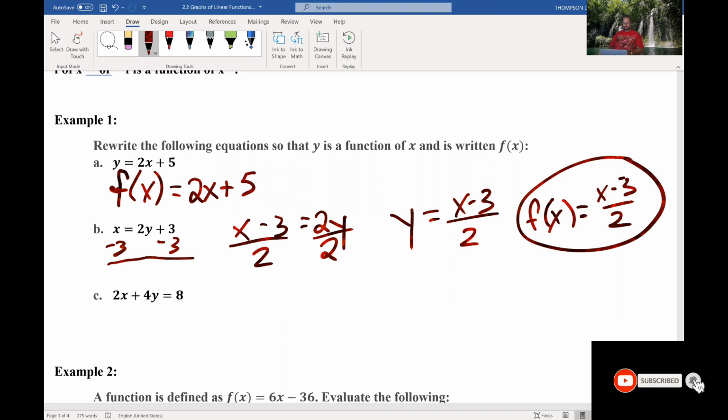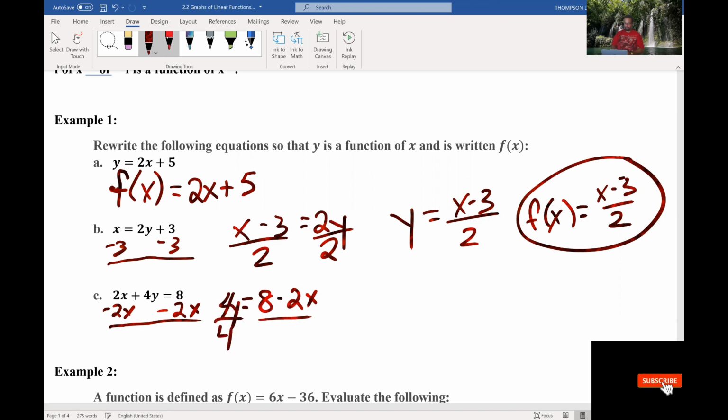C, 2x plus 4y equals 8. So first I'm going to subtract 2x from both sides. And that gives us 8 minus 2x equals 4y. Next step, we're going to divide by 4 on both sides. 8 divided by 4, we simplify, would be 2.